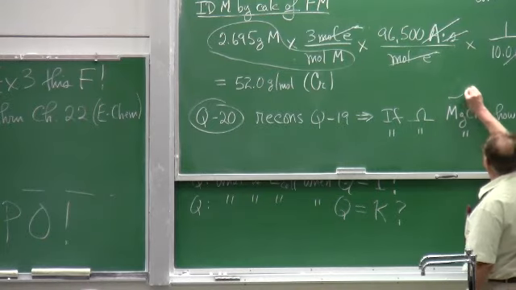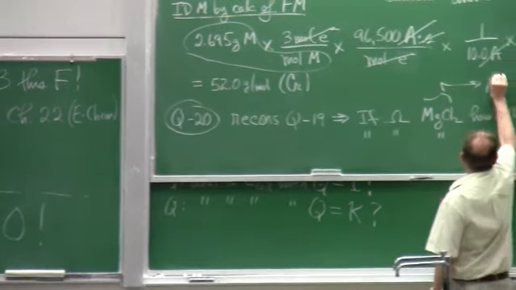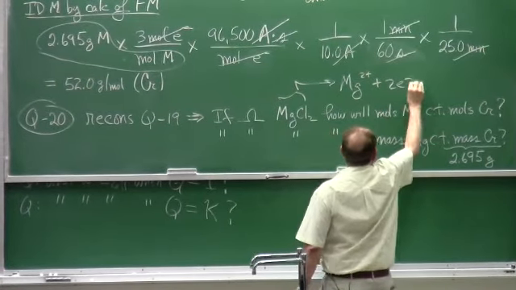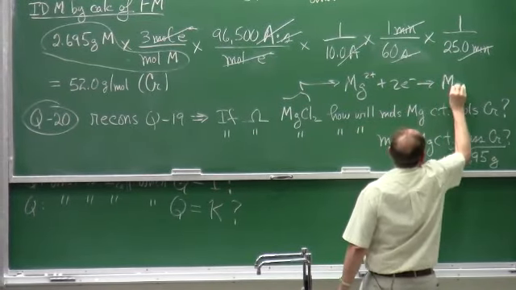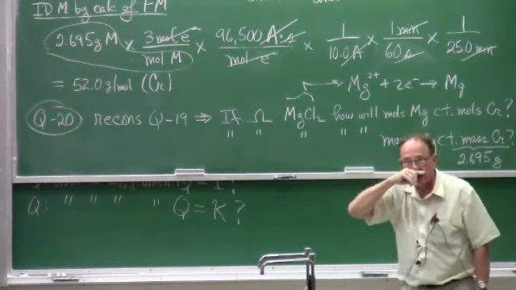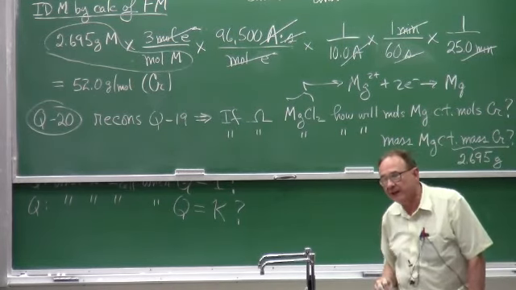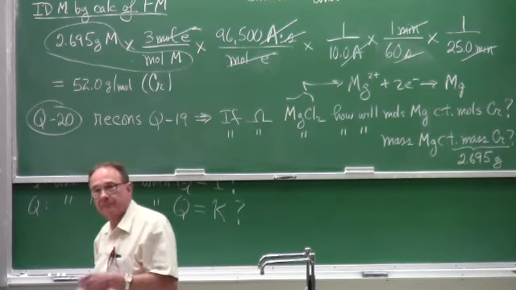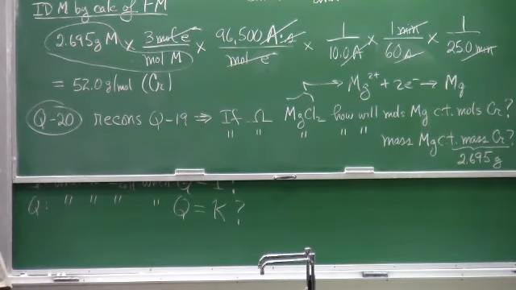This formula tells us that by electrolysis, when we want to make a mole of magnesium, we got to give 2 moles of electrons to every mole of magnesium ion that we want to reduce.